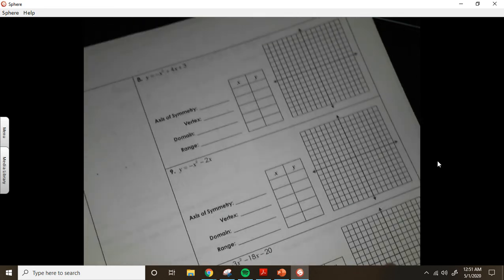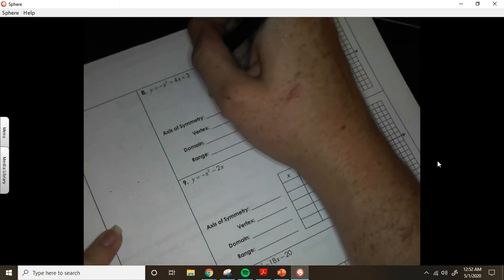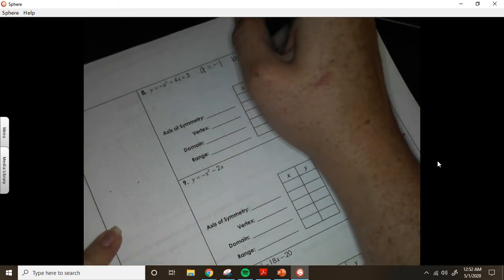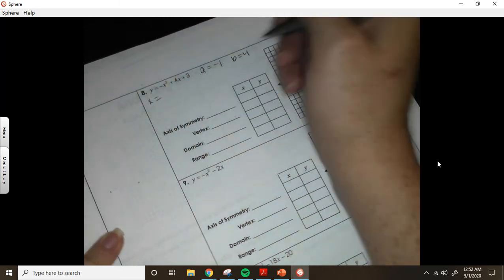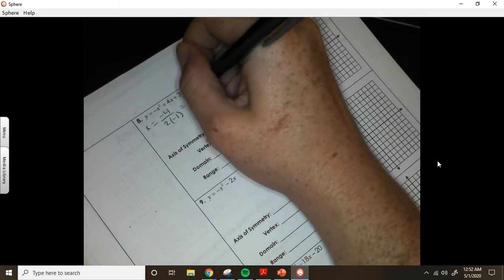Oh my god, we have one more page. Yay. A is equal to negative 1, b is equal to 4, x equals negative b over 2 times negative 1.